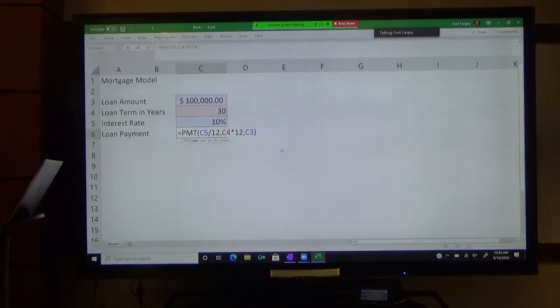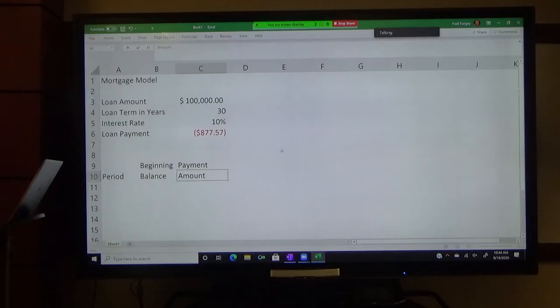Now, what you're going to do is come down here, maybe let's go down to, I don't know, line 10, just to give us a little bit of space. And here, we're going to put in the period. This is going to be like month 1, 2, 3, that sort of thing. And then here, we're going to put beginning balance. Here, we're going to put payment amount.